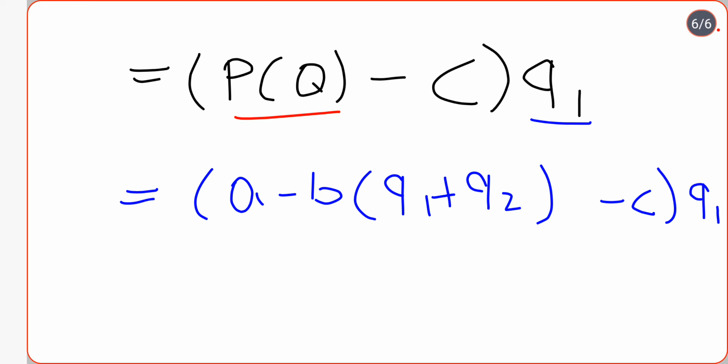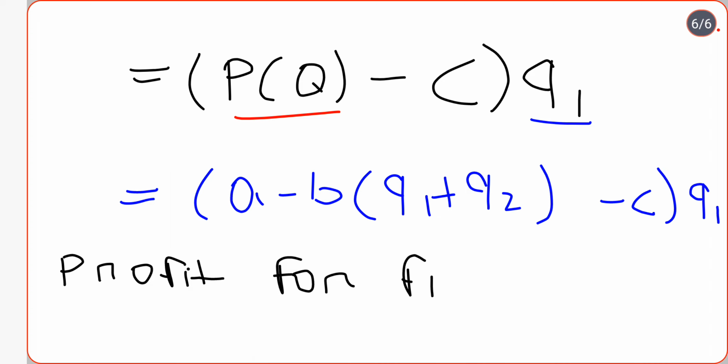Similarly, using the same methodology, we can find out the profit for farm 2. I don't want to derive it because it will be in the same way as the profit for farm 1, pi 1.